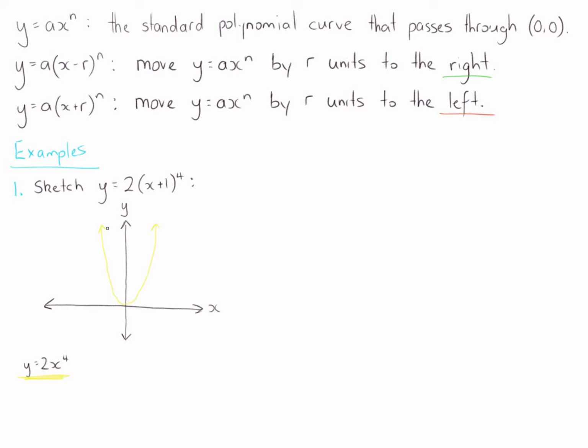We have to sketch this, which, based off the notes we've just written, has been moved horizontally. Because it's a plus in here, we have to move our 2x to the 4 1 unit to the left. So rather than going through 0, 0, it will now go through negative 1.